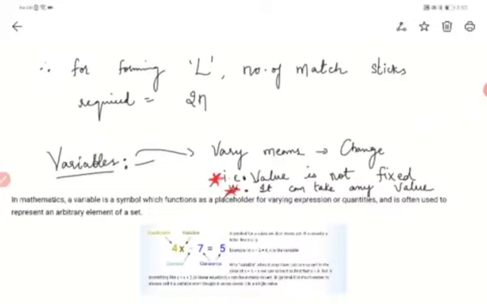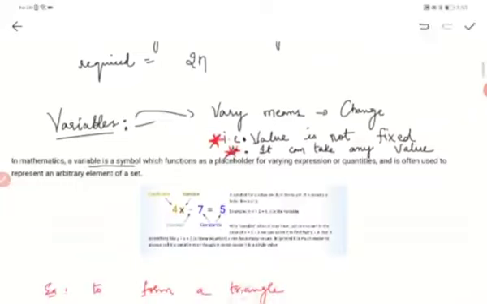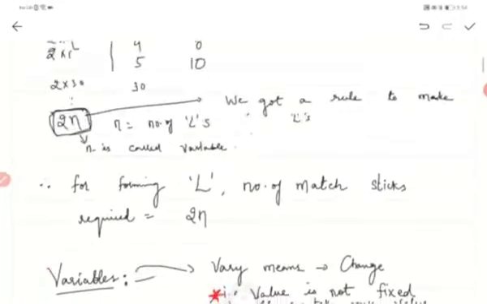So a variable is a symbol which functions as a placeholder. It holds some value. It can be a, b, z, t, and many more, for varying expressions or quantities, because here you can see this n is varying, right?